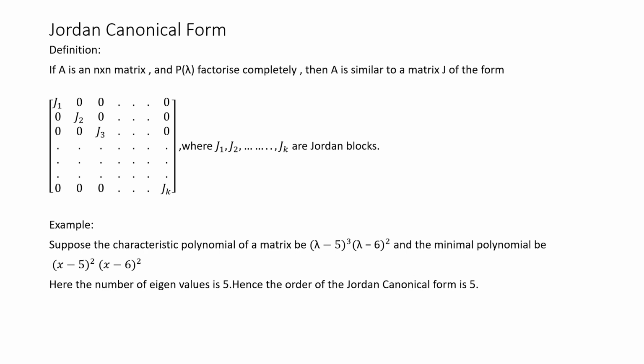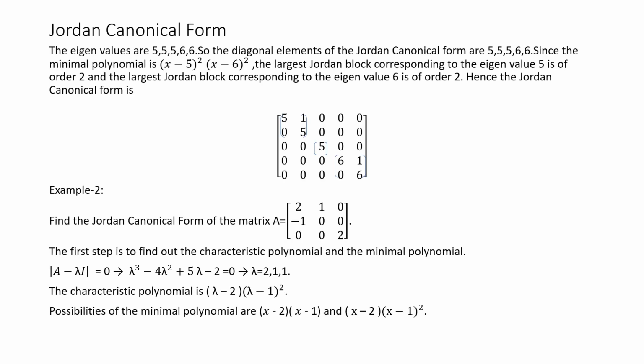Hence, the order of the Jordan canonical form is also 5. The eigenvalues here are 5 repeated 3 times and 6 repeated 2 times. So the diagonal elements of the Jordan canonical form are 5, 5, 5, 6, 6.